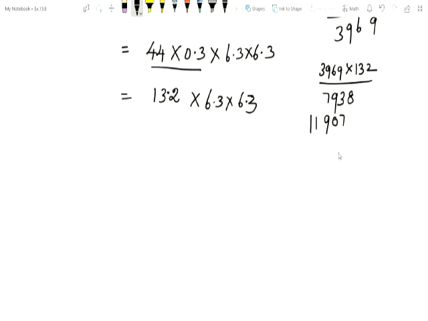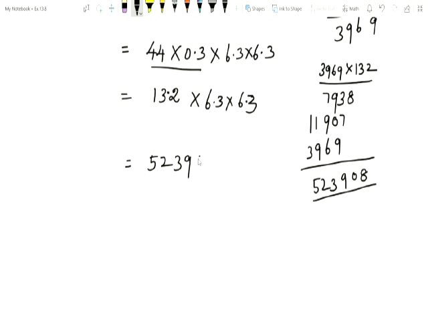Next, 1 9s are 9, 1 6 are 6, 1 9s are 9, 1 3s are 3. Adding these, the result is 5, 2, 3, 9, 0, 8.